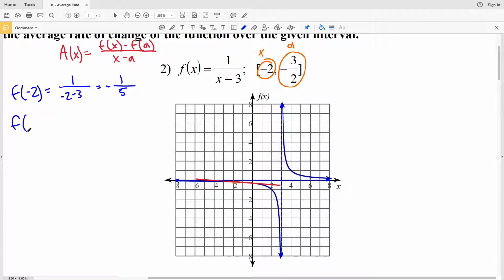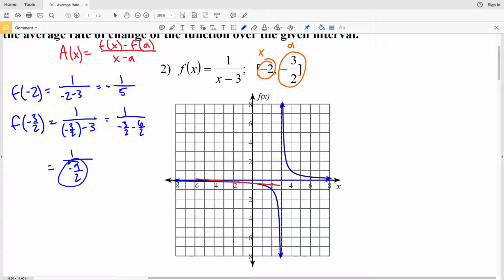Now I'll find f of negative 3/2. So that's going to be 1 over x, which is negative 3/2, minus 3. So f of a is equal to f of negative 3/2, and when simplifying, I'll write this as 1 over negative 3/2 minus 6/2, writing that over the same denominator, and that'll get me 1 over negative 3 minus 6 is going to be negative 9, so it's negative 9/2.